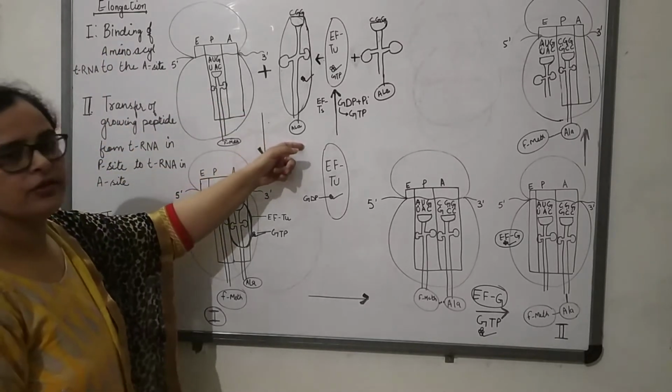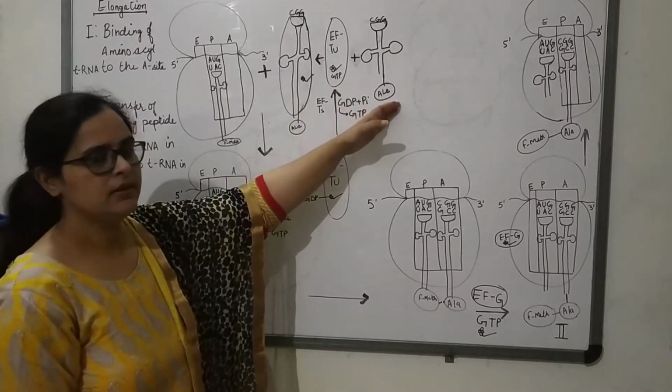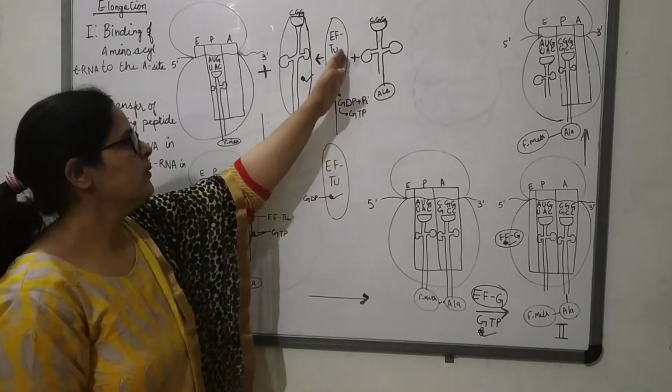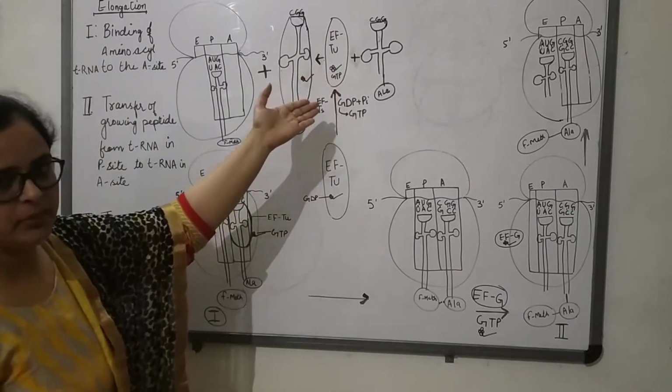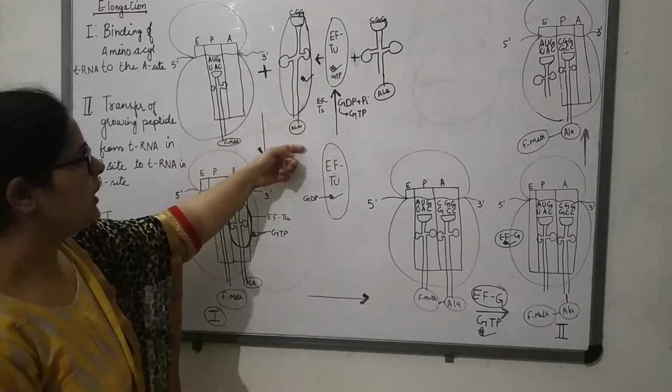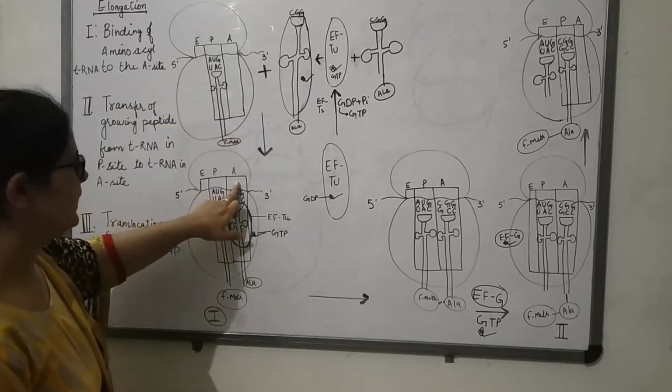This charged tRNA, made by combining alanine with tRNA plus EF-Tu with the high-energy source GTP, will come to the A site. This is step 1. The P site already has AUG, the formylated methionine, and now in elongation the alanine charged tRNA will come to the A site.